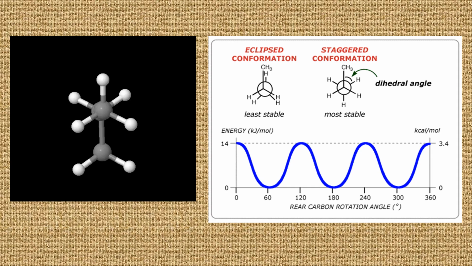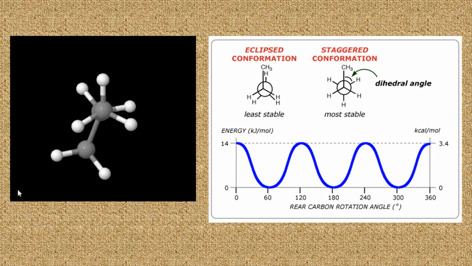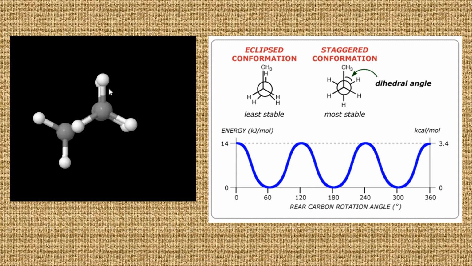In the eclipsed conformation, there are two CH bond repulsions. The front CH bond and back CH bond are repelling each other. These two CH bonded electron pairs are repelling each other. And here a CH and CC bond are repelling each other.